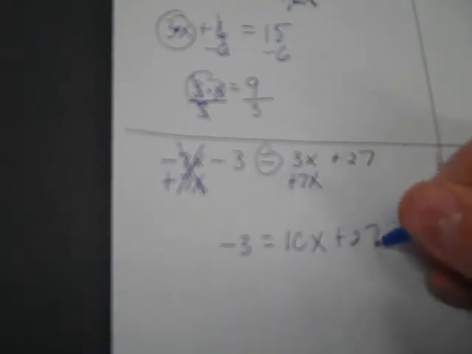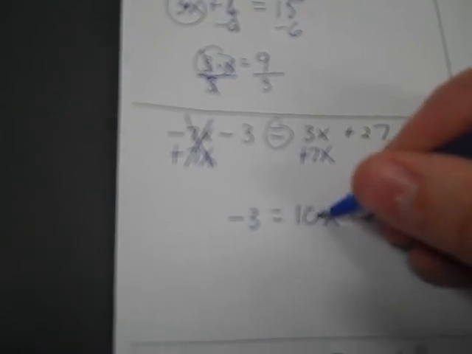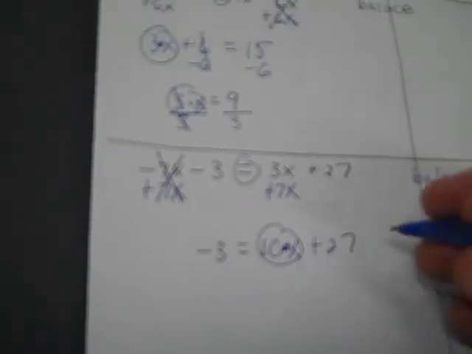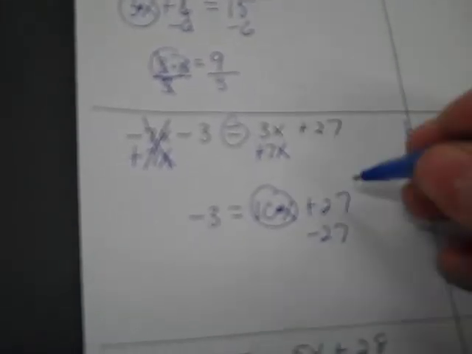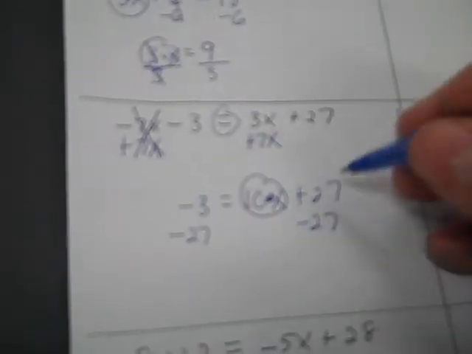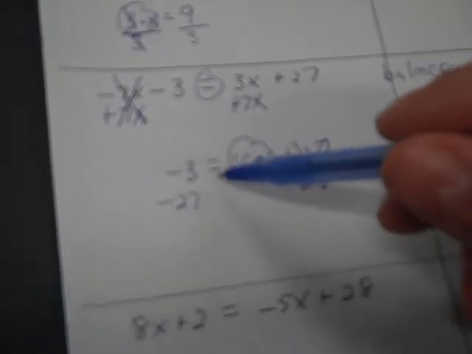Then plus 27. Okay, so our x is now, I can see the multiplying value is 10. And there's a 27 being added. Okay, so we do the opposite of plus 27. 27 minus 27 is 0. But then we have to subtract 27 from the negative 3. Negative, I'm not going to the number line for that.